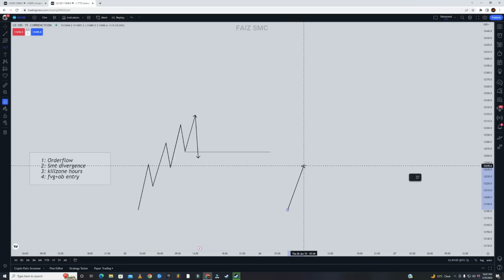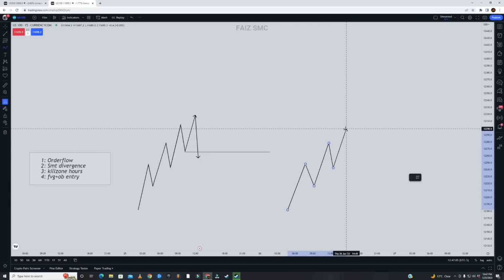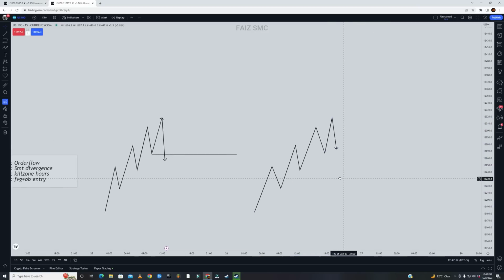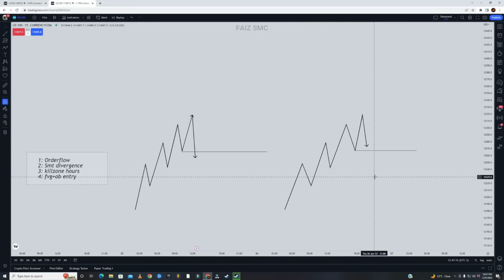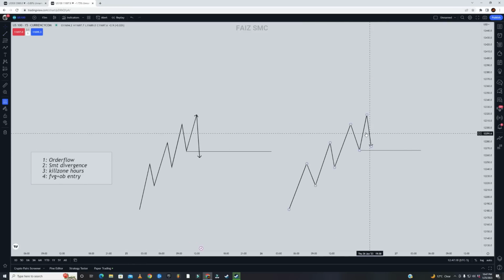And on NAS 100, you have this, and on NAS 100, price fails to sweep that liquidity level. Now, when that happens, that is what we call ICT SMT divergence, okay? This is very, very powerful when used with other confluences, okay?